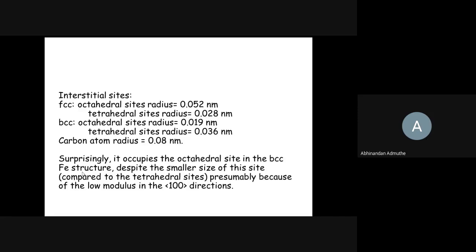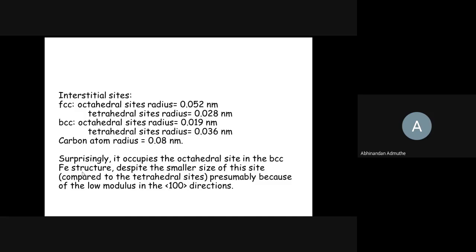The site radius in the face-centered cubic structure of the octahedral site is 0.052, and of the tetrahedral site is 0.028 nanometer. In the body-centered cubic structure, the octahedral site radius is 0.019 and the tetrahedral site radius is 0.036. The radius of the carbon atom is 0.08 nanometer.